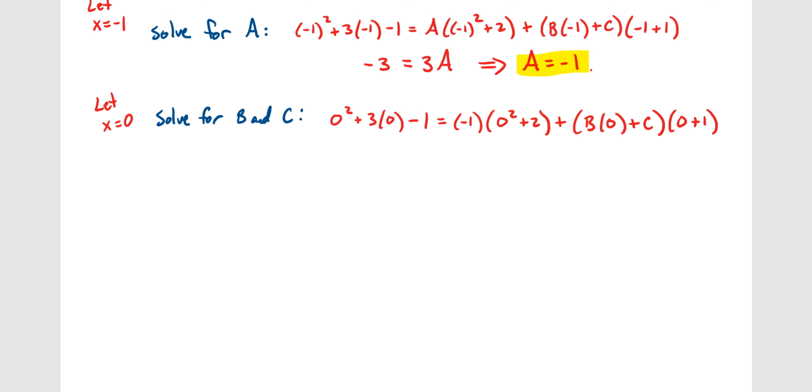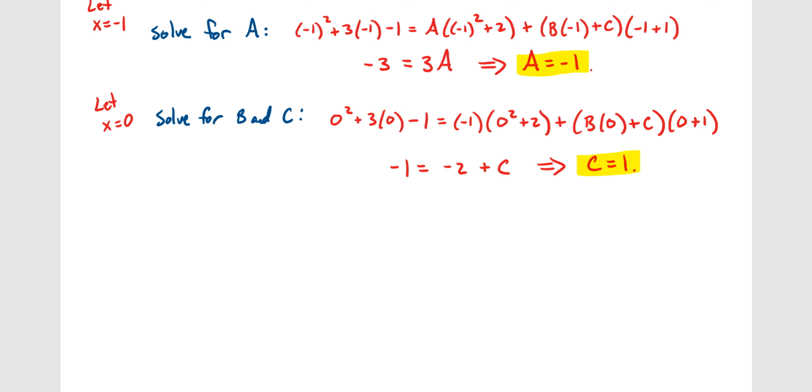We get -1 equals -2 from the a term, plus the b cancels off, and we're just left with c times 0 plus 1, so c times 1, so just c. So we get -1 equals -2 plus c. Solving for c, adding 2 to both sides, we get c equals +1.